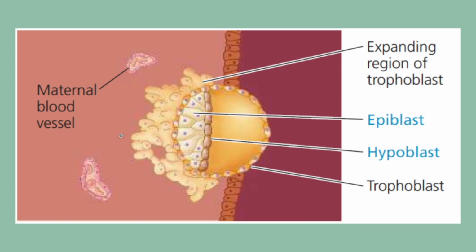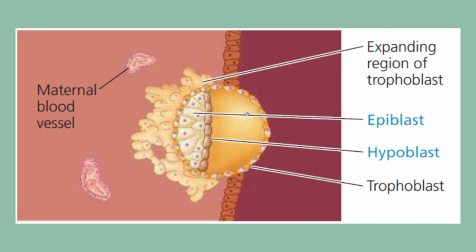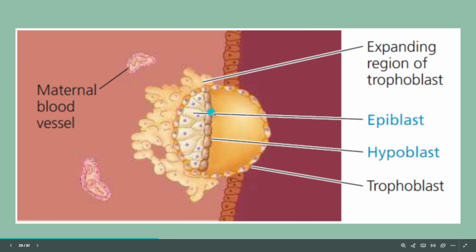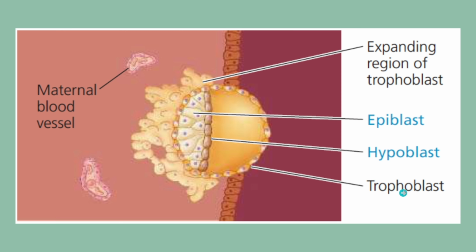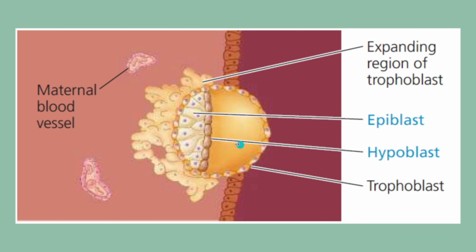Implantation occurs when the trophoblast invades the endometrium wall. You can see the trophoblast, the outer surface cells near the inner cell mass, starting to invade the endometrium wall. The trophoblast releases enzymes that break down the plasma membrane of the endometrial wall so that the blastocyst can penetrate it.